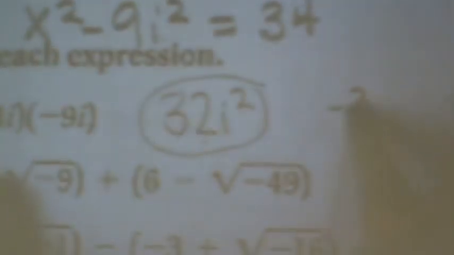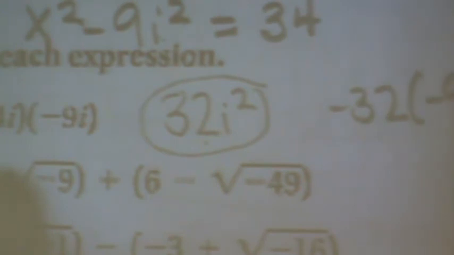If you look at those first two, this is going to give you 32i squared, which, since i squared is negative 1, is really negative 32. So what's negative 32 times negative 9i? Well, a negative times a negative is a positive, and your answer is going to be 288i.